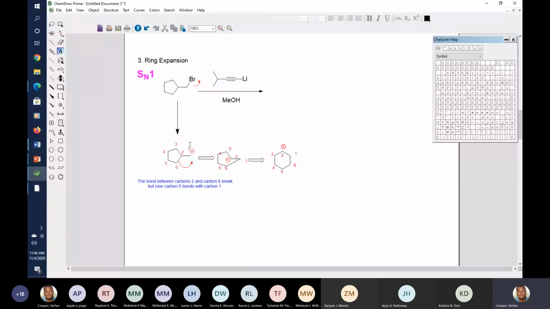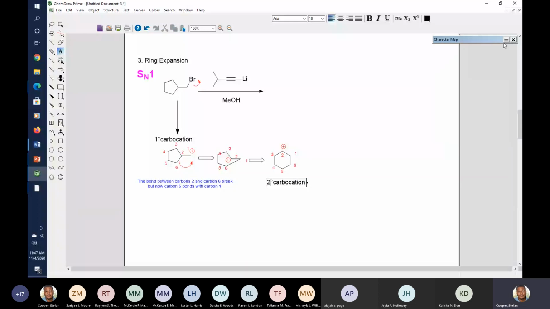So I went from something that was a primary carbon cation, right? Something that was what? You lost me. Okay. This carbon cation is secondary, right? But what drives this formation is the fact that a 5-member ring is strained, right?